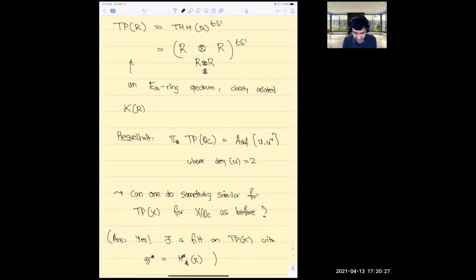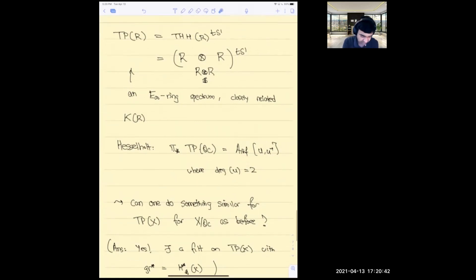If you don't have prismatic cohomology, it doesn't even make sense to say this, but you were looking for some cohomology theory which filtered TP and played the same role for TP of X as A-inf does for TP of a point. And so that was the second motivation. The two motivations are essentially orthogonal to each other, but they led us to the same object. Okay, so that was my attempt at telling you a little bit about the history of where this stuff came from.